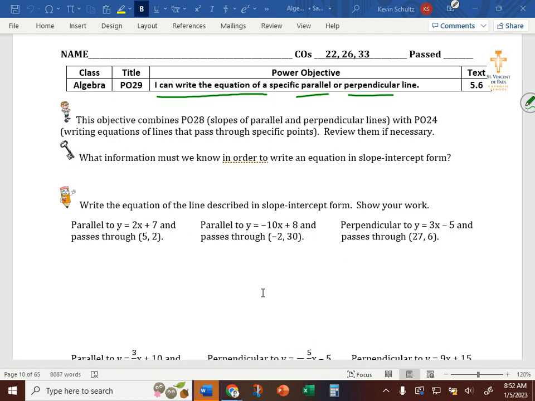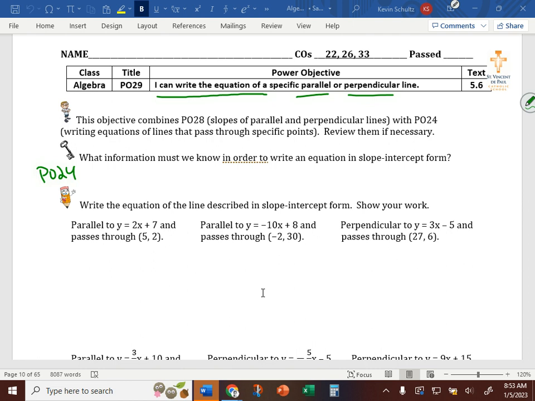And so going back to PO24 here, in order to write the equation of a linear function in slope-intercept form, what do we need to know? Think back to PO24. That was one where I gave you a function table or two pairs the line passes through. You had to write it in slope-intercept form. What did you have to find, Caitlin?